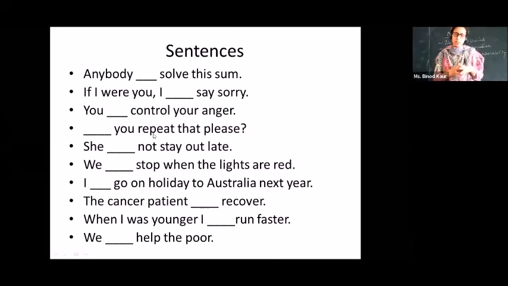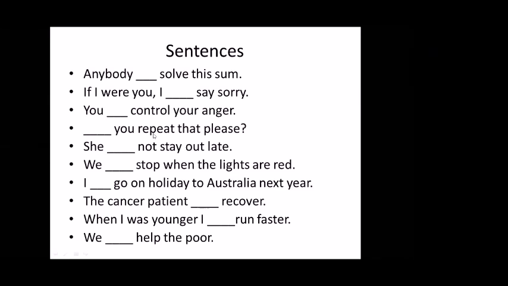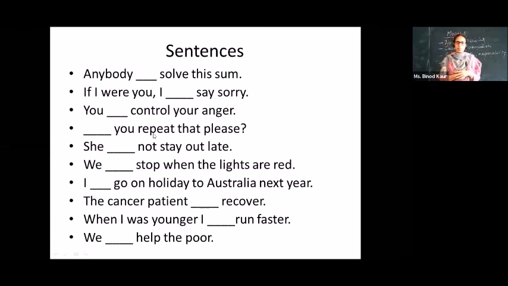And which is to be used with I? I shall go. Very good. Otherwise, will is not incorrect. But my dear students, we should know this. I shall go on holiday to Australia next year. It is more appropriate, more exact. And I am happy you have retained that rule. Try to retain that rule.